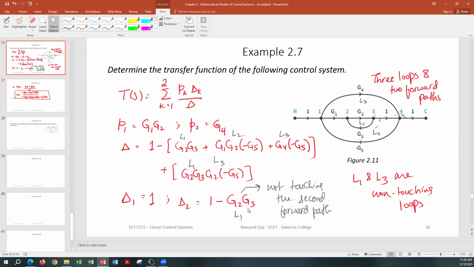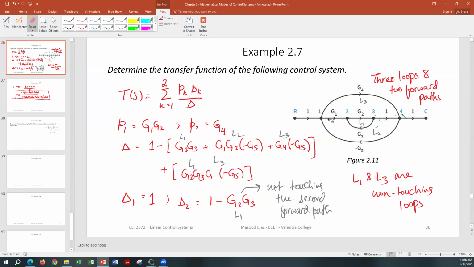G2, G3. L1 is G2. L2 is G1, G5. L3 is G4, negative G5.